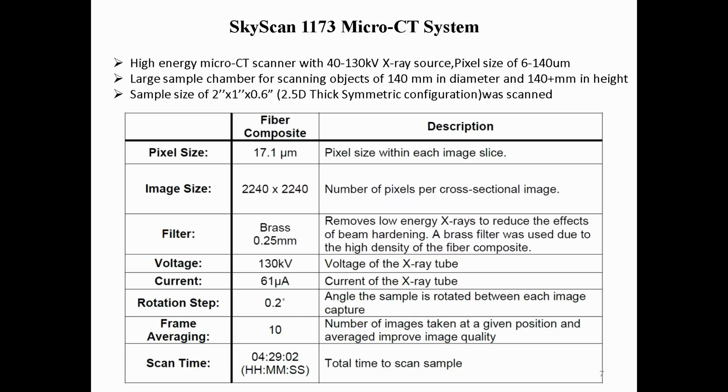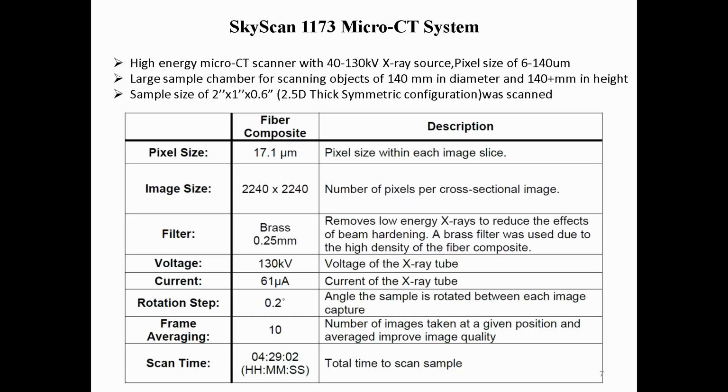And you see here, the resolution more or less all depends on the scanning time. Also the biggest challenge in this problem was that there are 4 different material systems, which are carbon, glass, Kevlar, and epoxy, whereas the Kevlar and the epoxy have very close density.